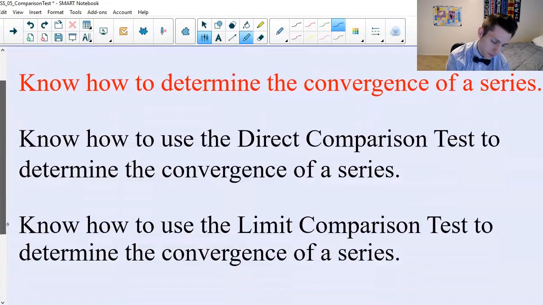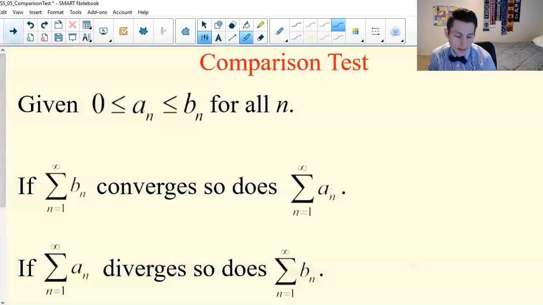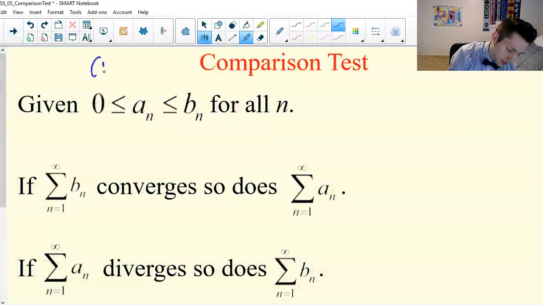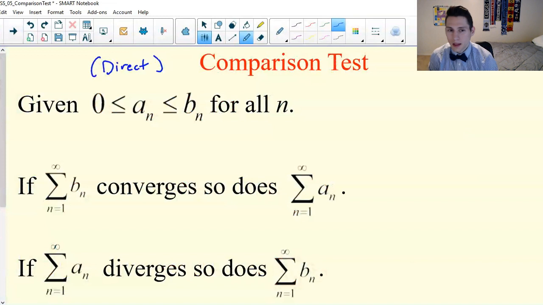Okay. But usually we just call it the comparison test. Sometimes it's also referred to as the direct comparison test, because again, there is also a limit comparison test, but whatever. And so that is this.